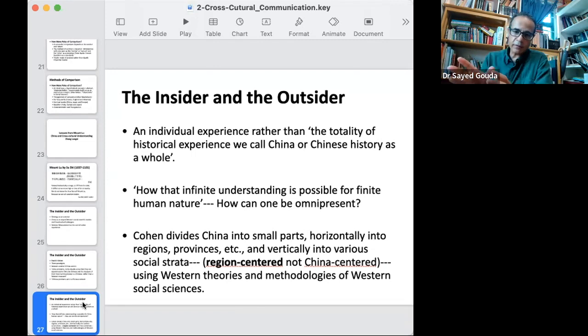So this is very close to what we said earlier about familiarizing the distant and distancing ourselves from the over-familiar. It combines both. This is the practical application of those two steps, the reverse telescope technique and the telescope technique.